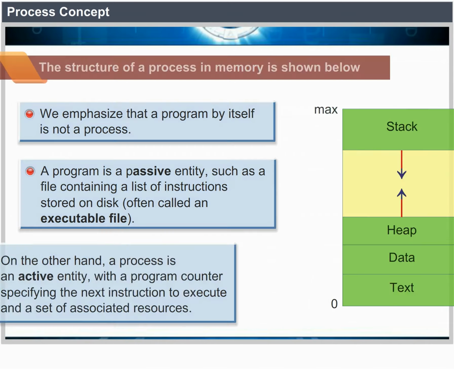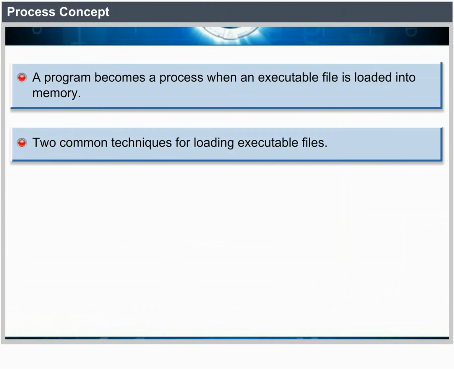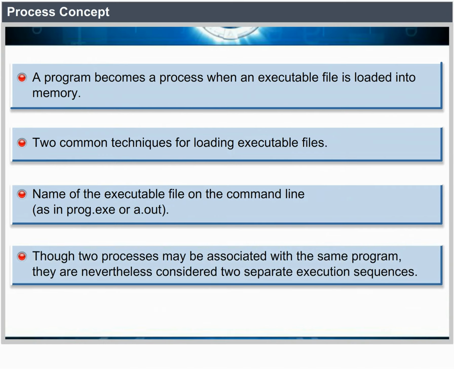A program becomes a process when an executable file is loaded into memory. Two common techniques for loading executable files: double-clicking an icon representing the executable file, or entering the name of the executable file on the command line, as in prog.exe or a.out.